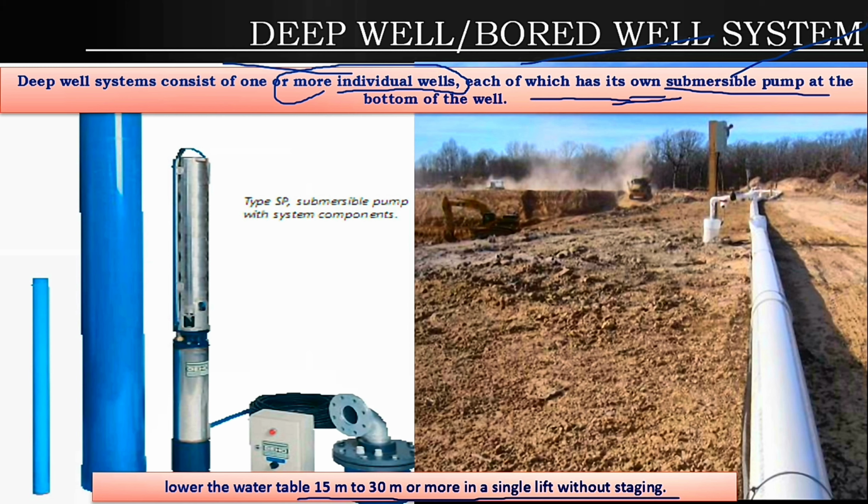Okay, now if we consider this figure, first this is your well point, this is your header pipe, and it is fitted with this. At the end of this pipe we have the submersible pump.